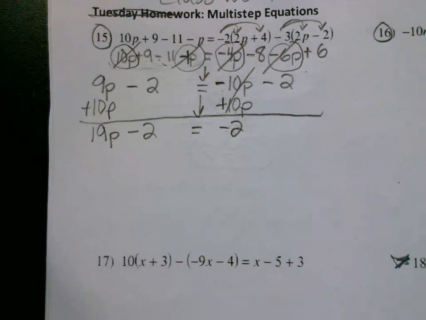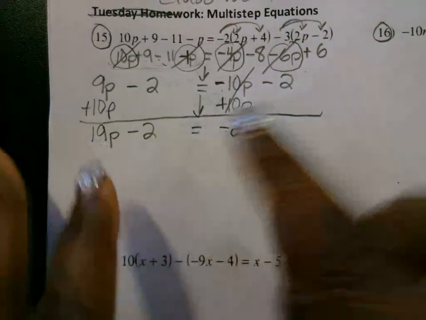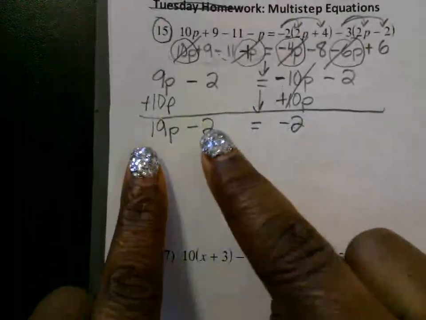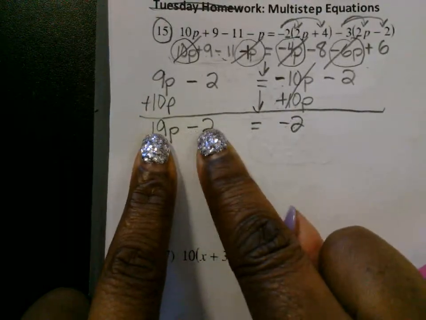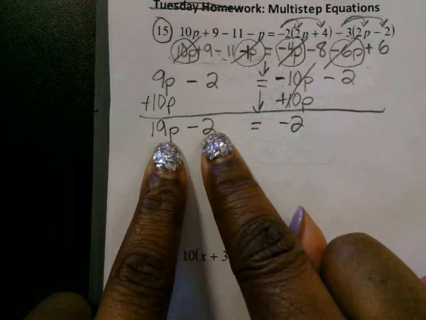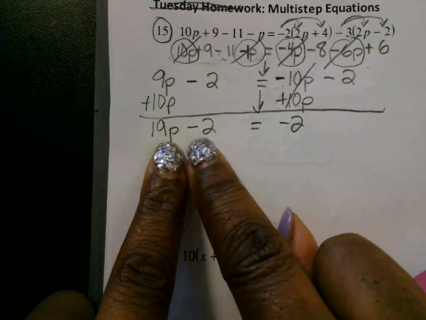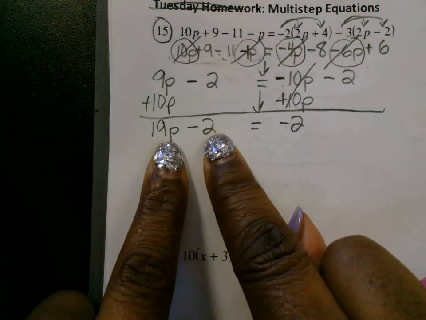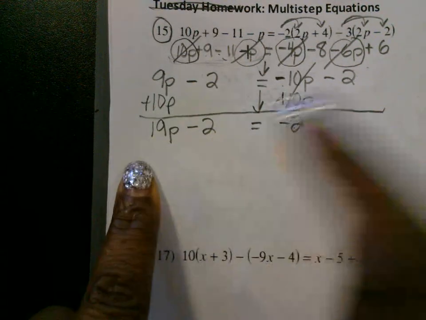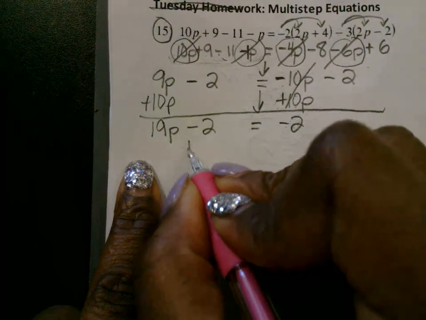Now we have to get p by itself. So look at the side that has p on it. Which one of these numbers do you move first? The 19 or the minus 2? The minus 2. Good job. So how do you get rid of a minus 2? Add 2, somebody said. Very good.